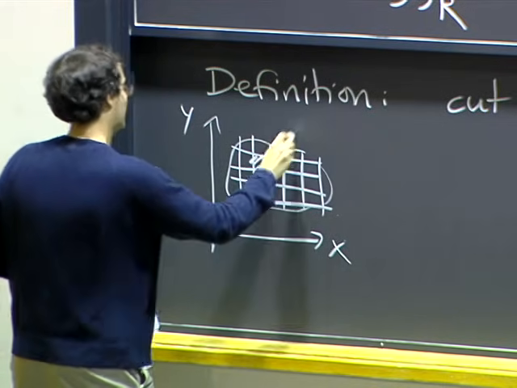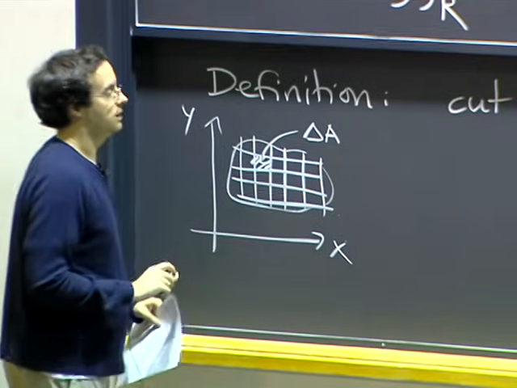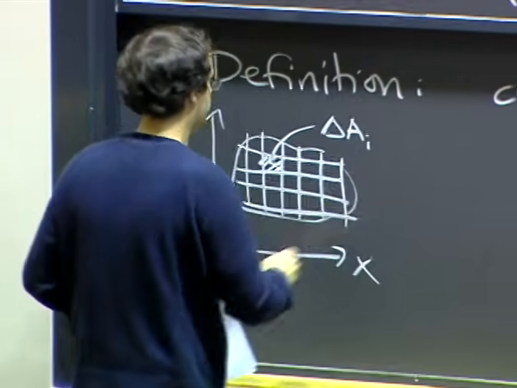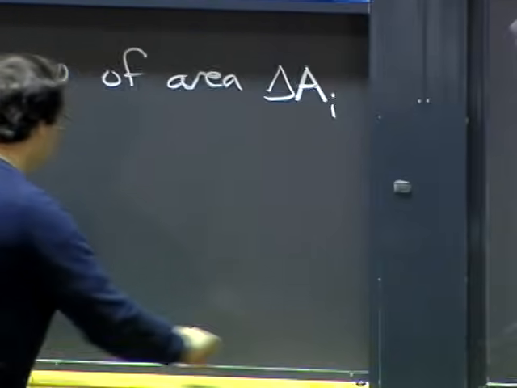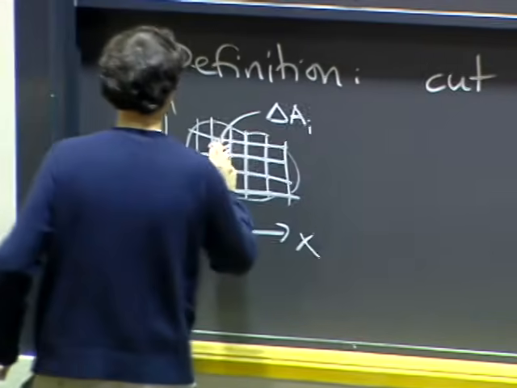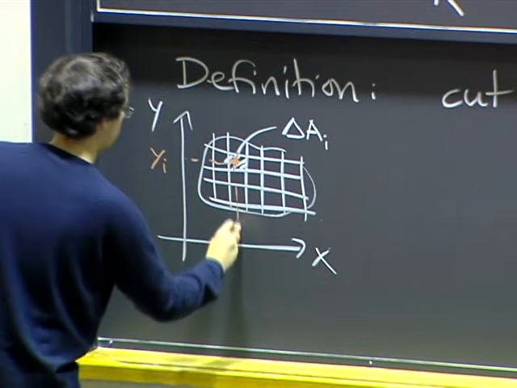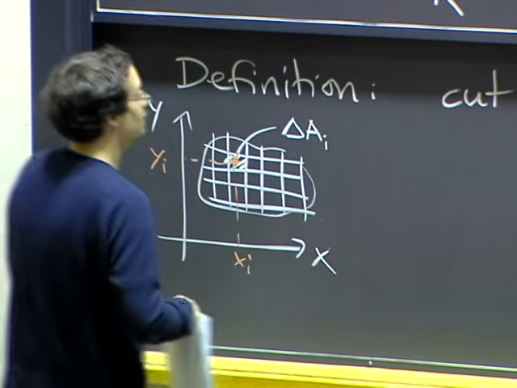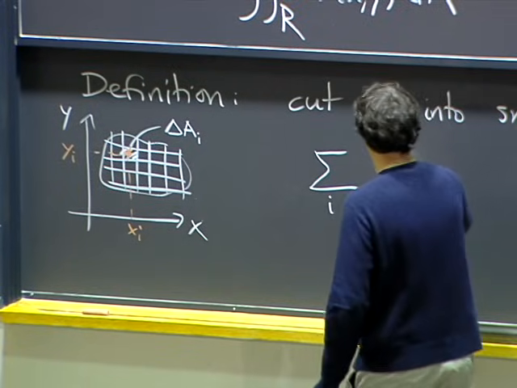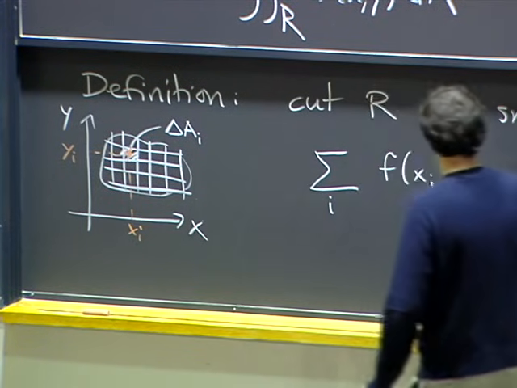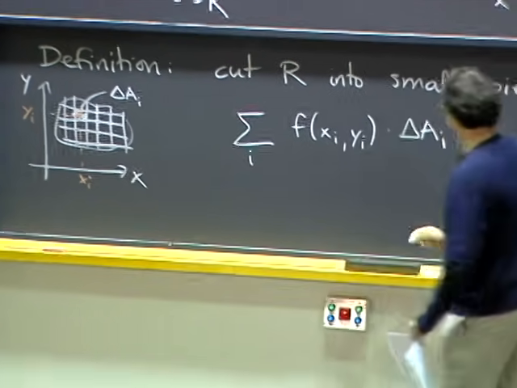Each small piece will have area delta A_i, and it will be at some point, let's call it x_i, y_i. And then we'll consider the sum over all the pieces of f at that point, x_i, y_i, times the area of a small piece.